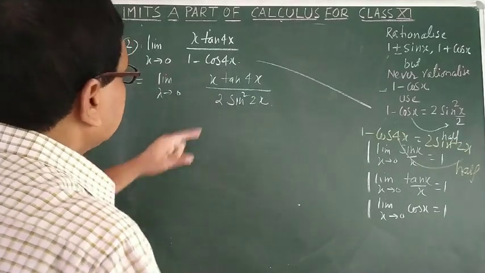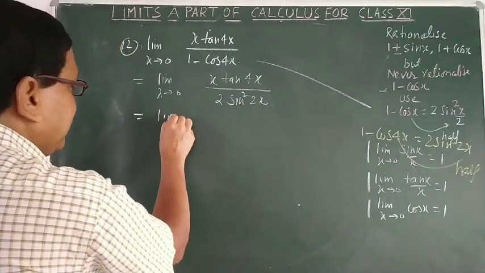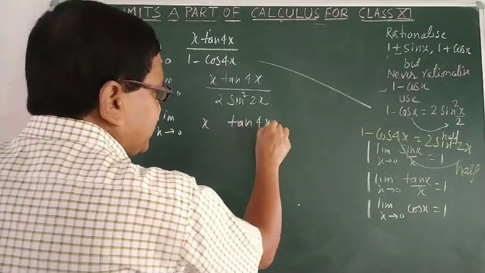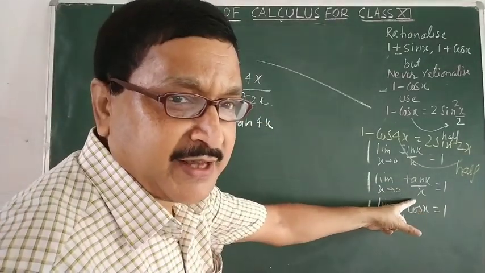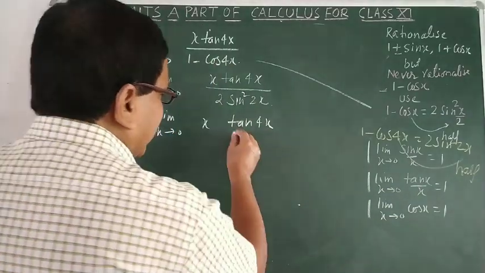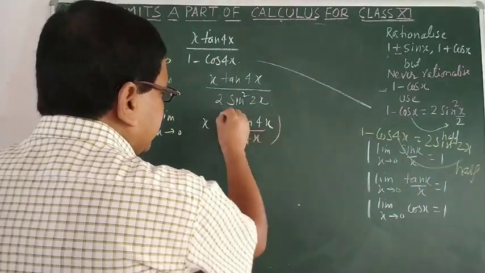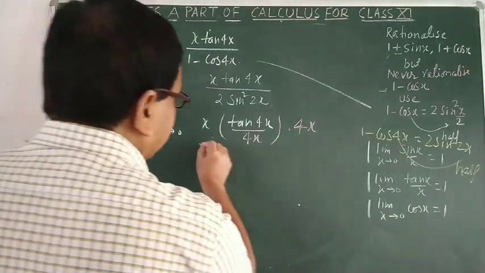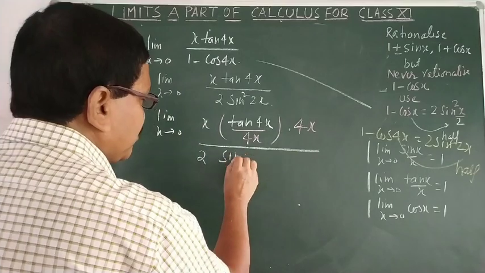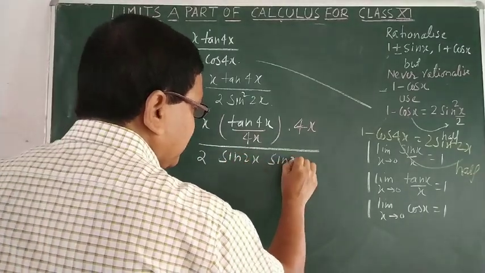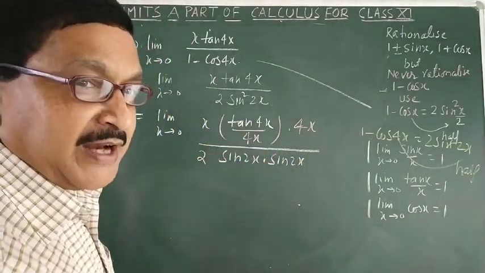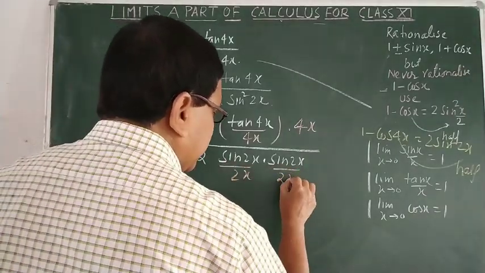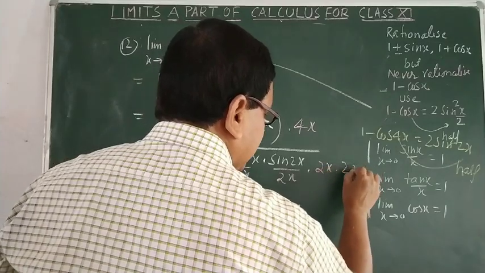Now tan x needs x, so tan 4x needs 4x, and multiply with this 4x. Now towards the denominator, 2 sin 2x sin 2x. Due to the square, sin 2x twice, each needs 2x, so multiply with 2x twice.